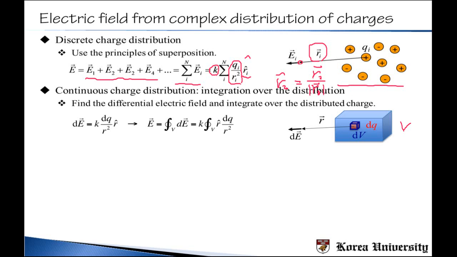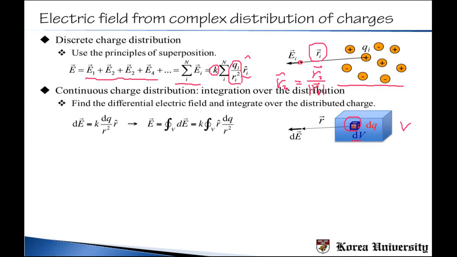The basic idea of integration is that you imagine you are having a knife and cutting this large volume into small pieces, and this small box inside is one of those small pieces. The electric field from this small volume, let's call it dEi vector, and the small volume we can write as dV.